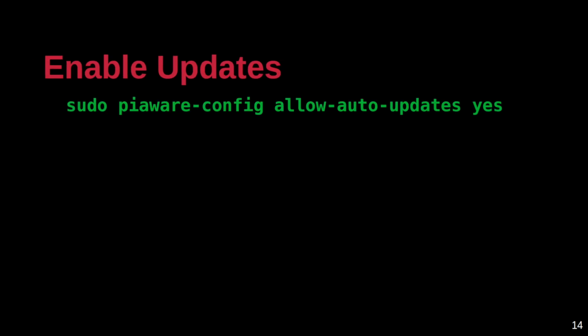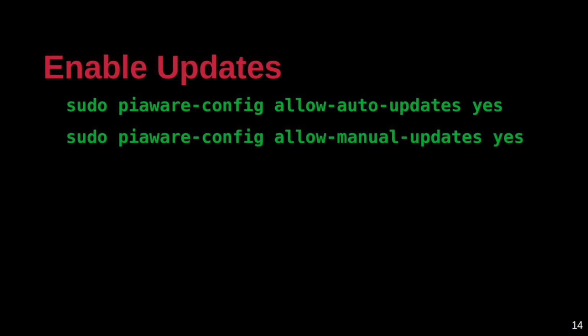Since updates are disabled by default, it is recommended that both auto and manual update processing be enabled. Enabling both methods of update will ensure that the PiAware installation is always current. In other words, incremental refinements and security fixes, if any, are applied sooner rather than later.